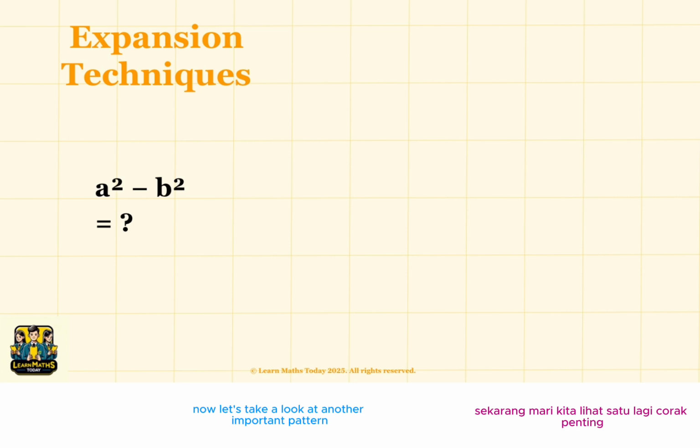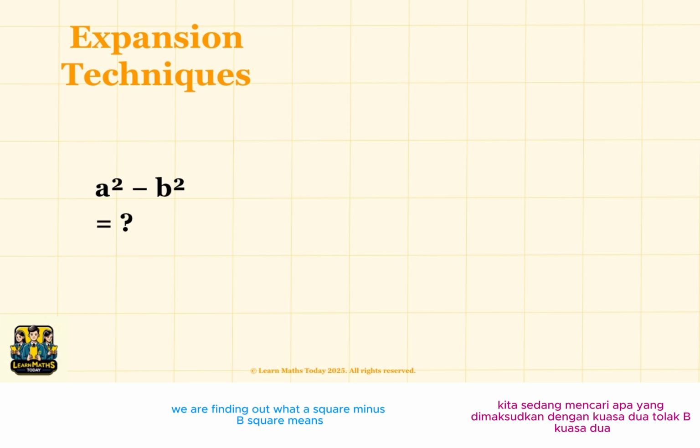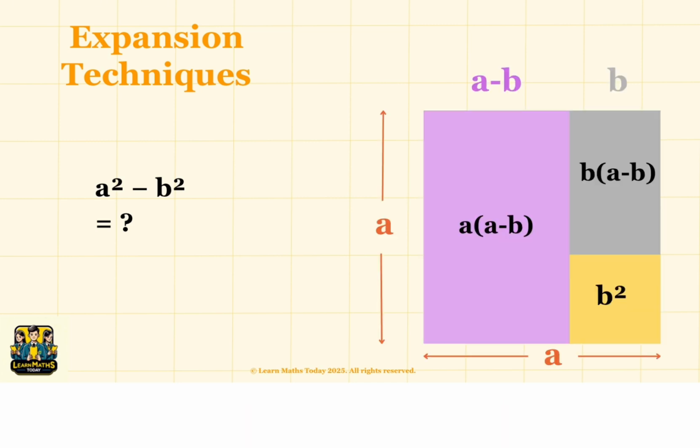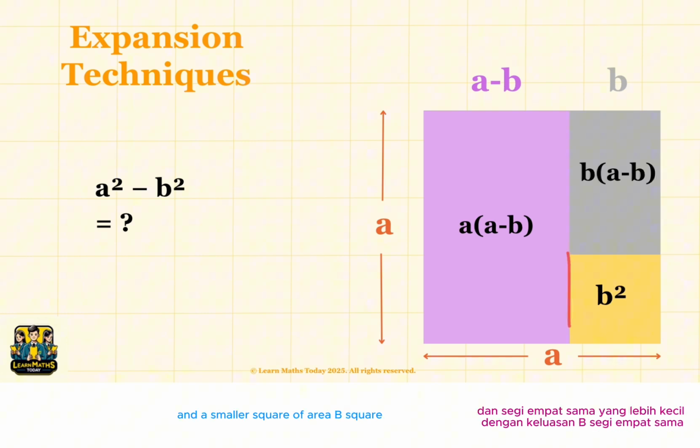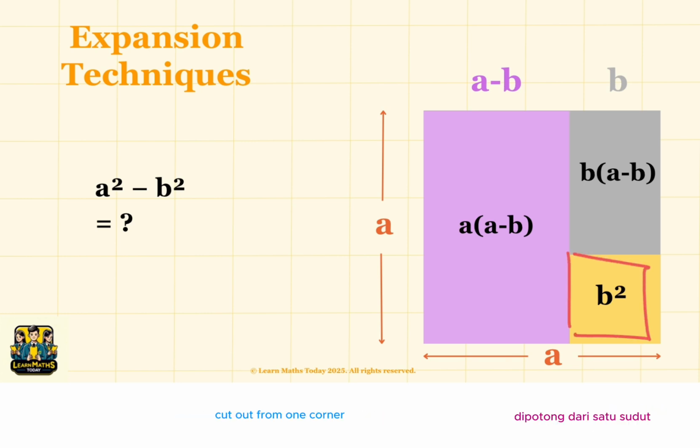Now, let's take a look at another important pattern, the difference of two squares. We are finding out what a² - b² means. Imagine a large square with area a² and a smaller square of area b² cut out from one corner.